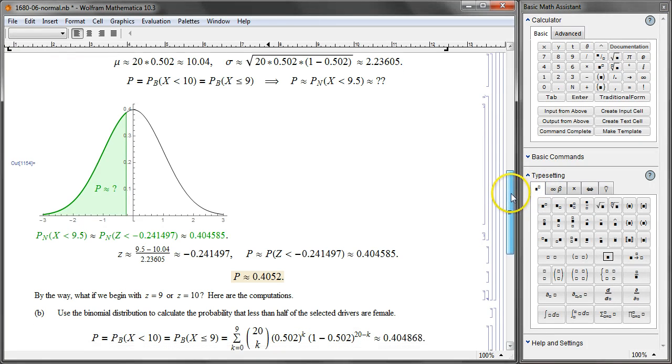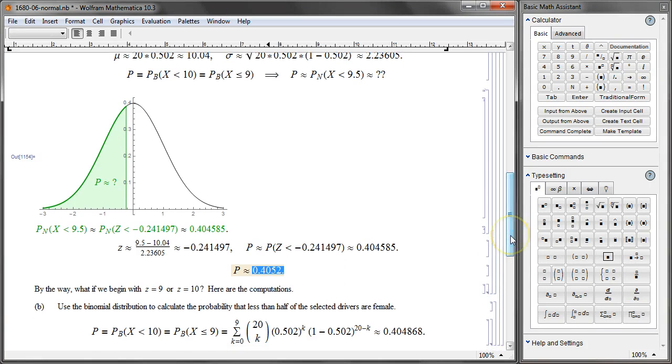And let's compare. This is a little bit more accurate, and this one is approximation through the normal table. Both are normal approximation. This is a little bit less accurate because we got it from the normal table, which rounded z-scores to only 2 decimal digits. Compare these values with the binomial one, very similar.